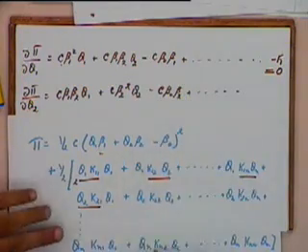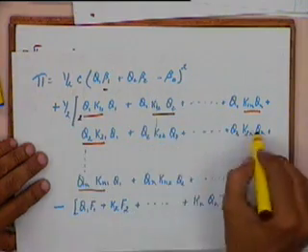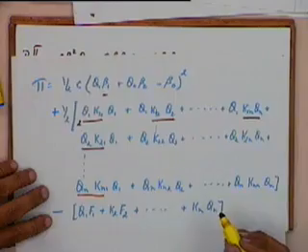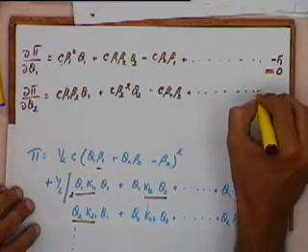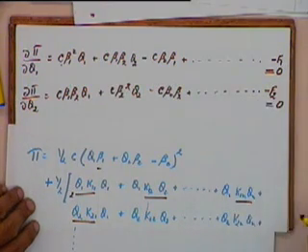And the rest of the terms would be the same as the terms coming from this column and this row. And finally I will get minus F2 equal to 0.